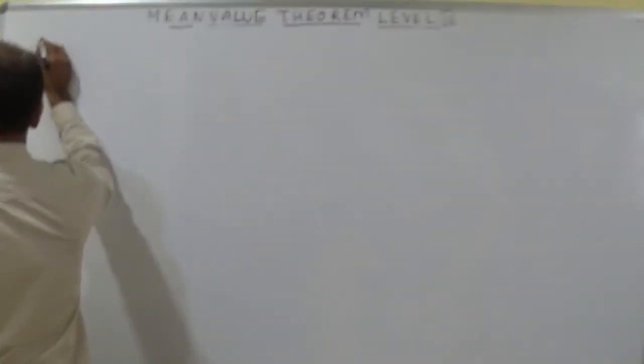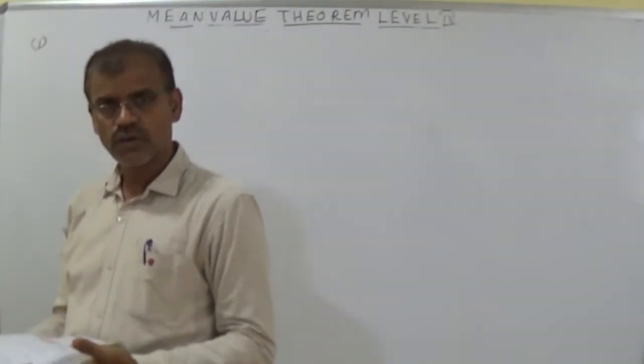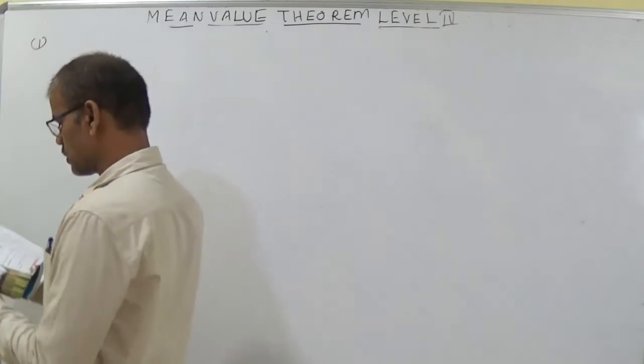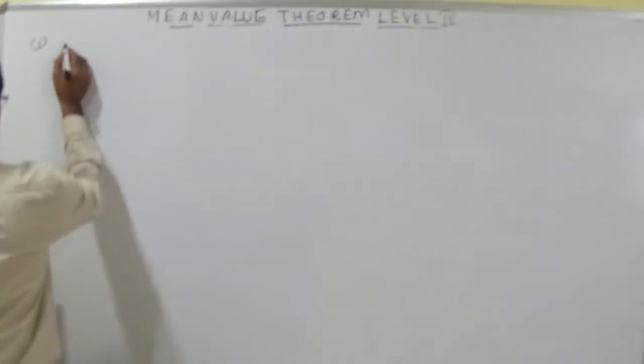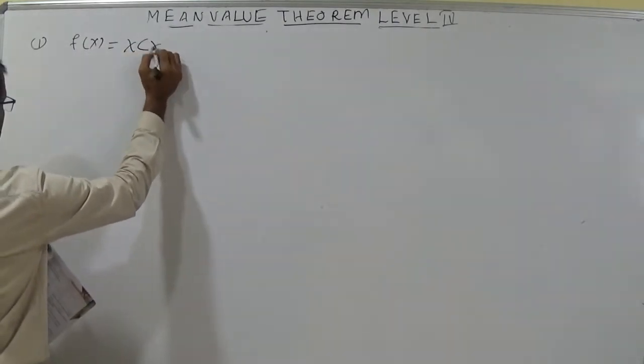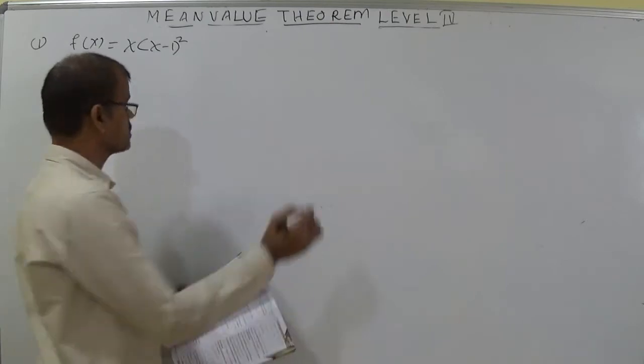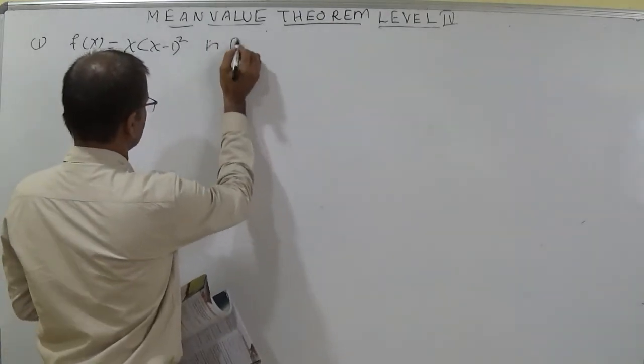First question of level 4: the value of c in Rolle's theorem for the function f of x is equal to x into x minus 1 whole square, in the closed interval 0, 1.